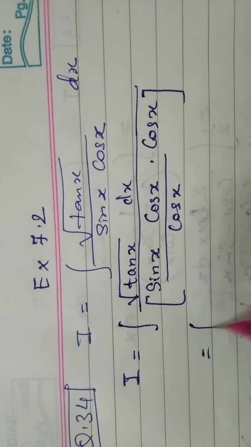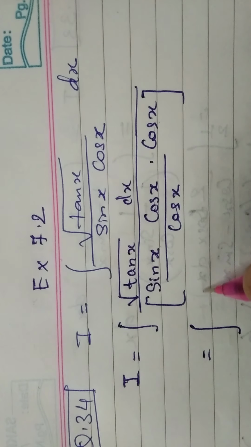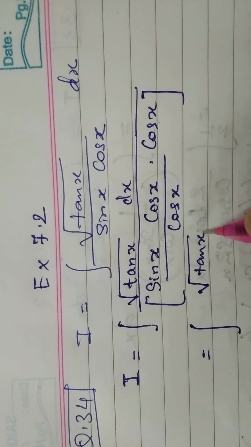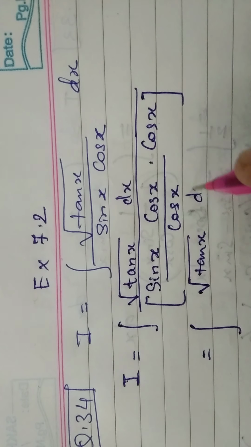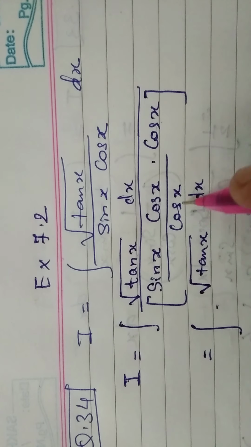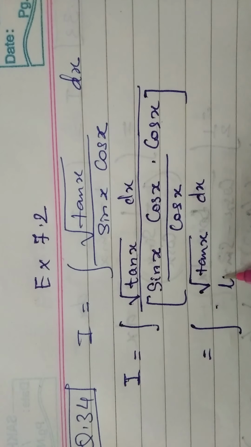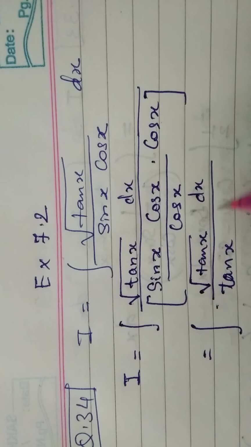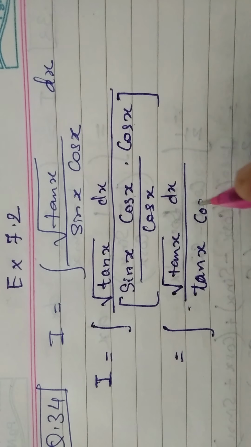So further it becomes integral, and I have under root of tan of x and dx, and this term in the denominator, sin upon cos, is going to give me tan. So I'll write it as sin upon cos as tan, and this cos into cos, I'll write it as cos squared of x.